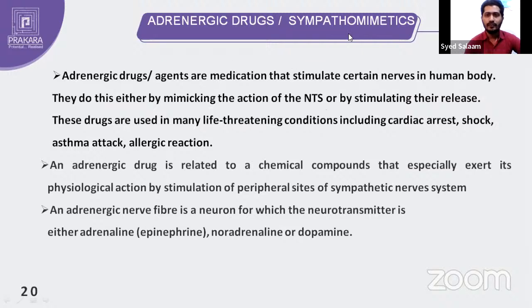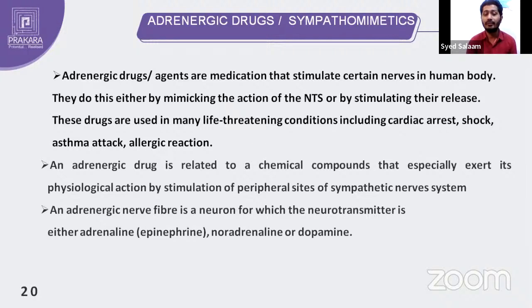Now, if we take these adrenergic drugs, that is nothing but our sympathomimetics. These are the medications that will be mimicking. Based on the structure, the SAR, what we have discussed, we will be taking different drugs that will be mimicking the action of these neurotransmitters by stimulating the receptors. You have alpha receptors, alpha 1, alpha 2.